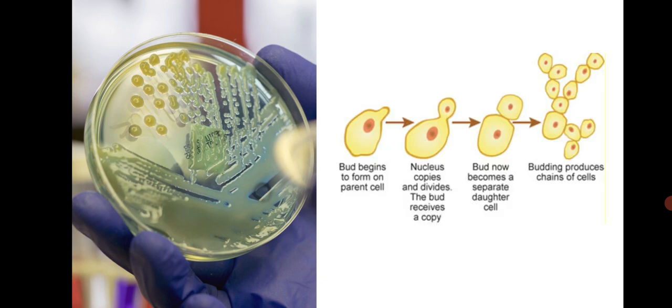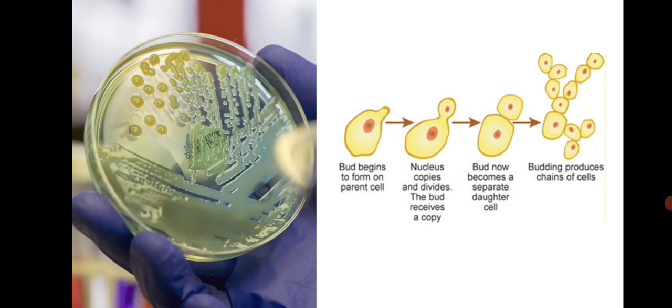Now this is how the process of budding looks. A bud begins to form from the parent cell. Later on, at the point where the bud is formed, you can see the cell protruding outwards.